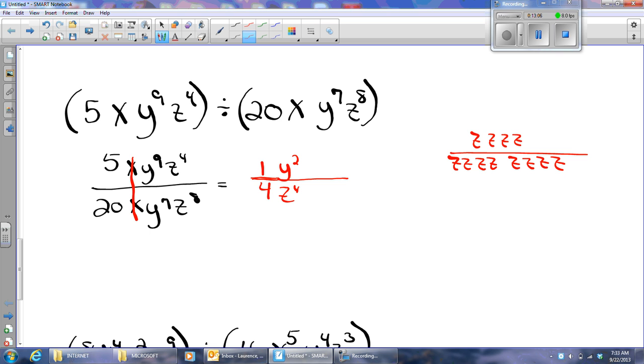And I'm going to clean up my answer a little bit. This 1 is totally unnecessary. So the simplest answer will be 4z to the fourth. And there you go. That's pretty simple stuff, isn't it? Whichever way you prefer to do it.